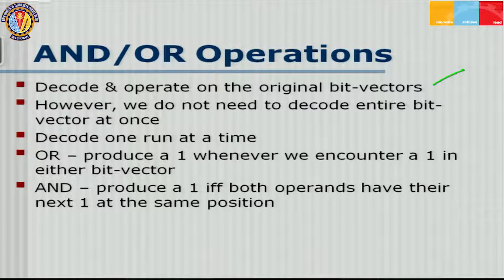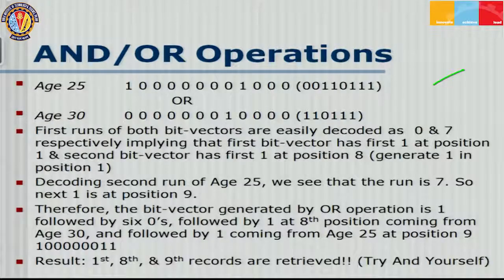So what I need to do is an OR between age 25 and age 30. My query is to retrieve all the customers whose age is either 25 or 30. You can see here I have encoded them in the form of run length encoding. The two in the brackets are the run length encoded versions of the bit strings.